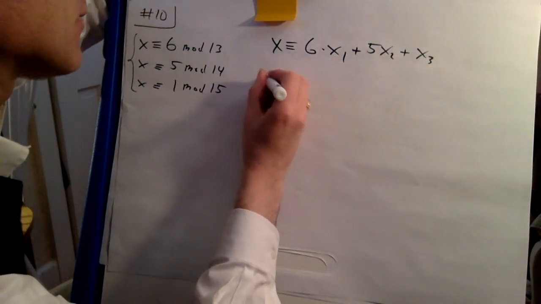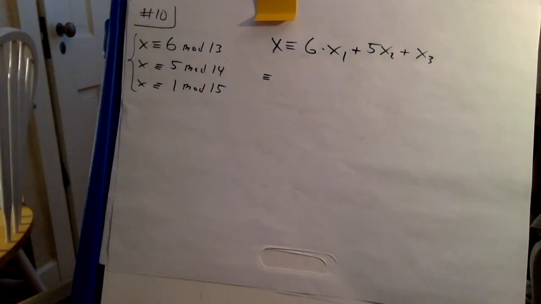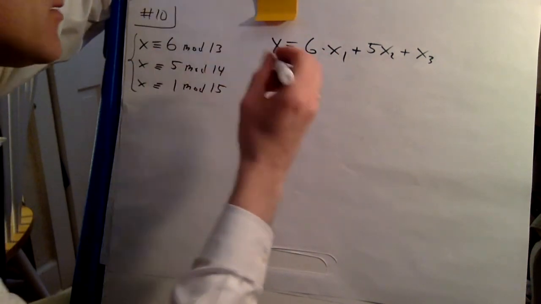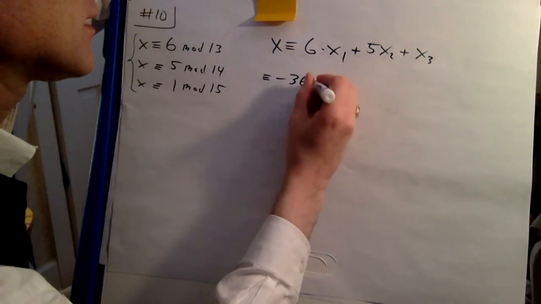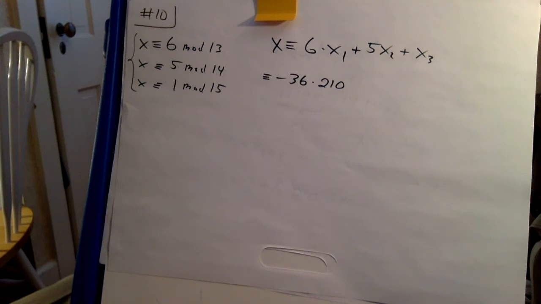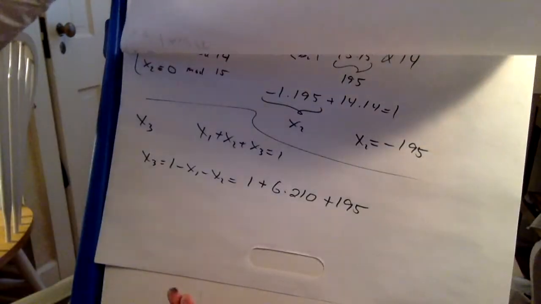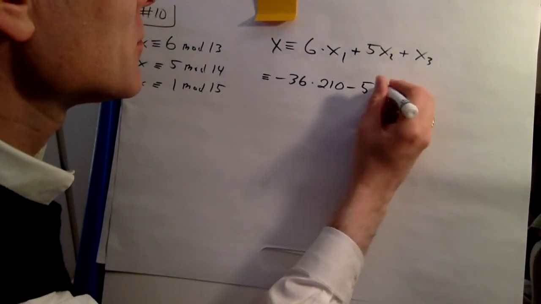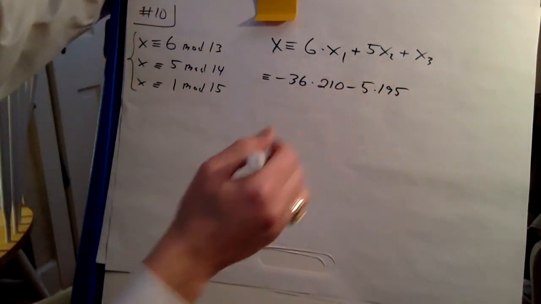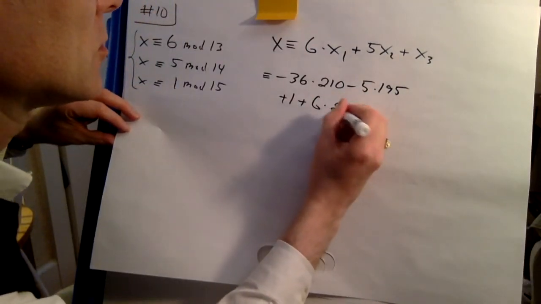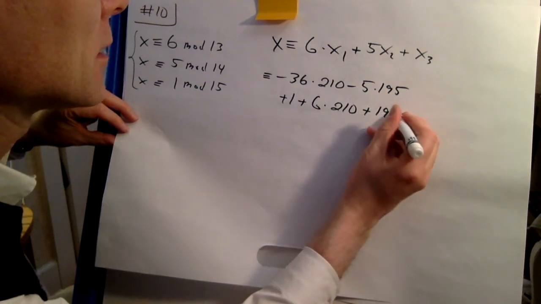So now we can start this whole calculation. 6 times x1 is 6 times 6 now, so it's minus 36 times 210. Where did I put x2? Oh, x2 is back here. So minus 5 times 195, and then plus x3 here. So plus 1 plus 6 times 210 plus 195.